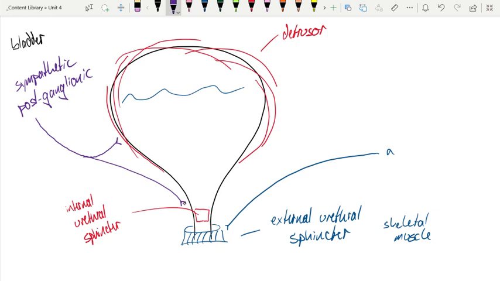But now we can start to predict, because I want this to be inhibitory, because I want the muscle to relax, I'm thinking that this is going to be an even-numbered receptor, so either an alpha 2 or a beta 2. Now, I can go look it up in the table, and I'm going to see that 80% of the time I'm right. But down here on the internal urethral sphincter, what would I expect?